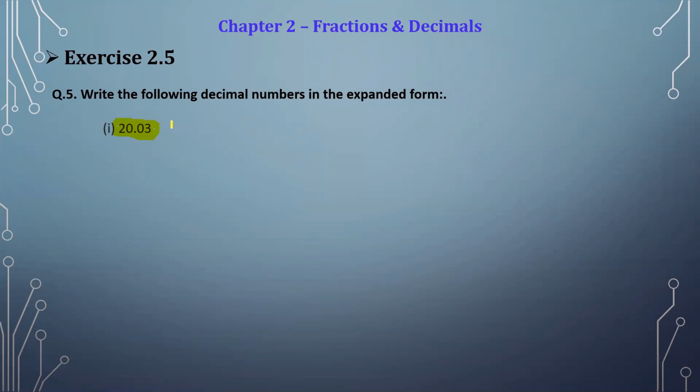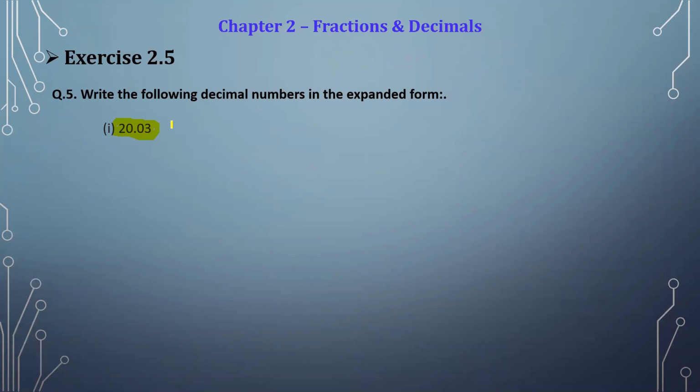It is not a fraction or a whole number. So we can easily spot the difference between a whole number, a fractional number, and decimal digits. So 20.03 is a decimal number.